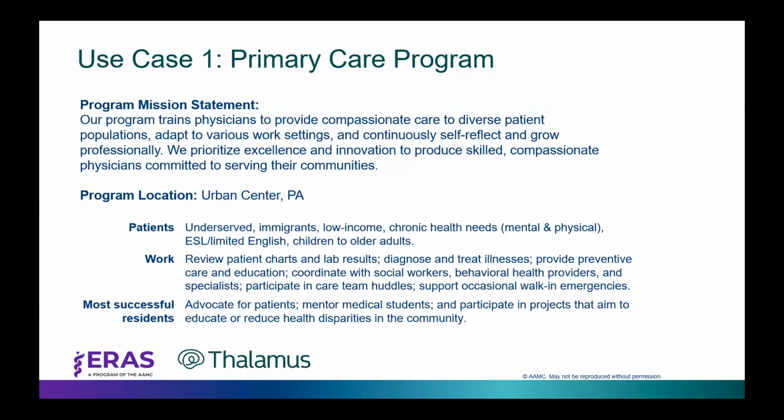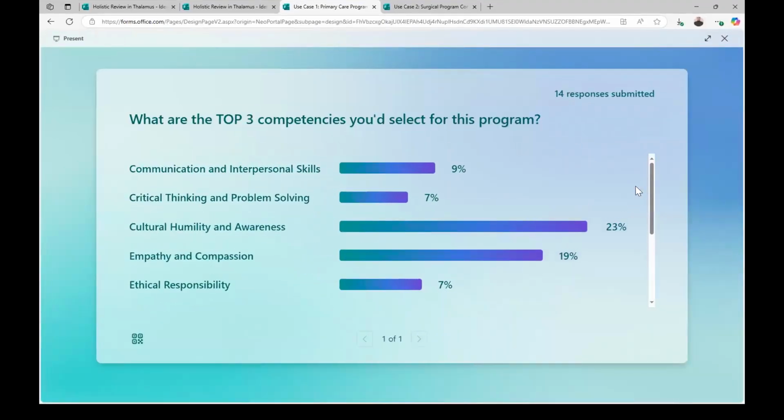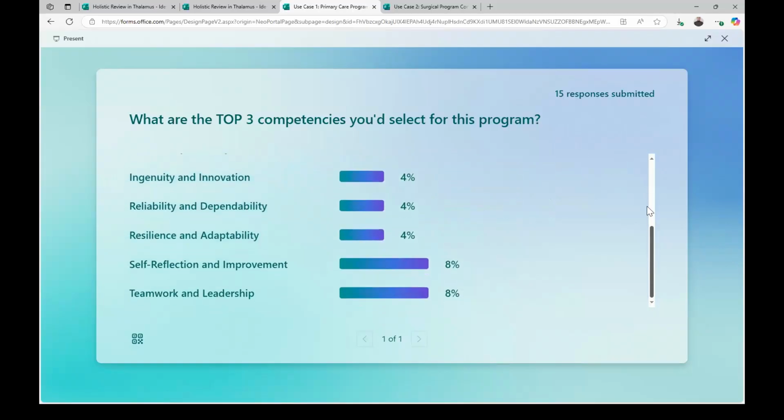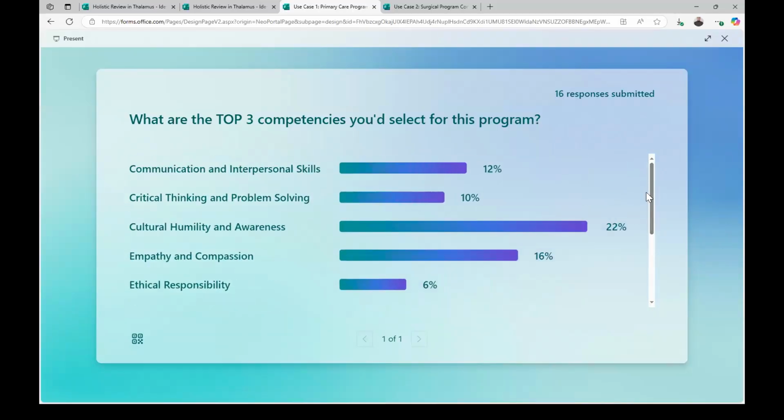Okay, I'm going to share the results, so feel free to keep on submitting as we go through it, just to make sure that we can see how there's some variation. So we see cultural humility and awareness is up there. We have empathy and compassion.